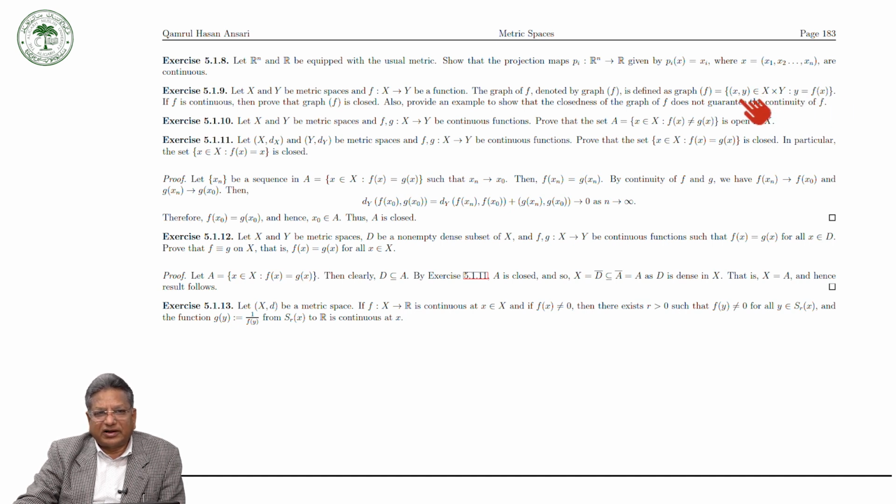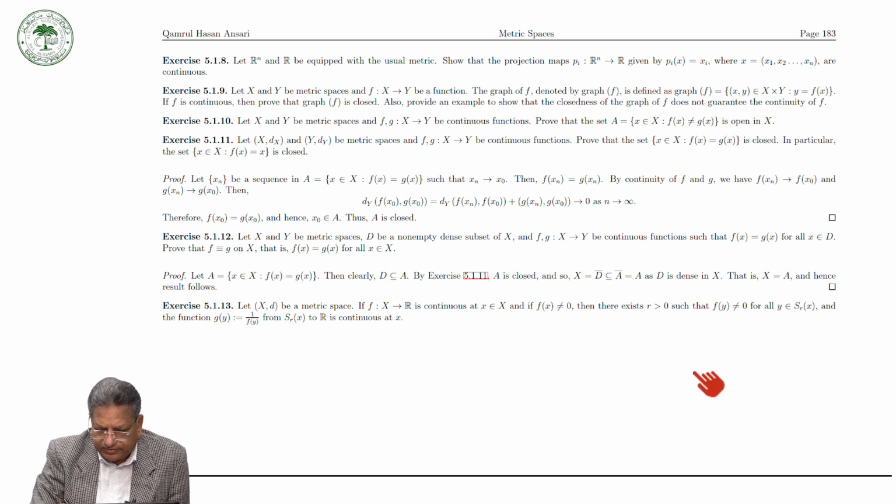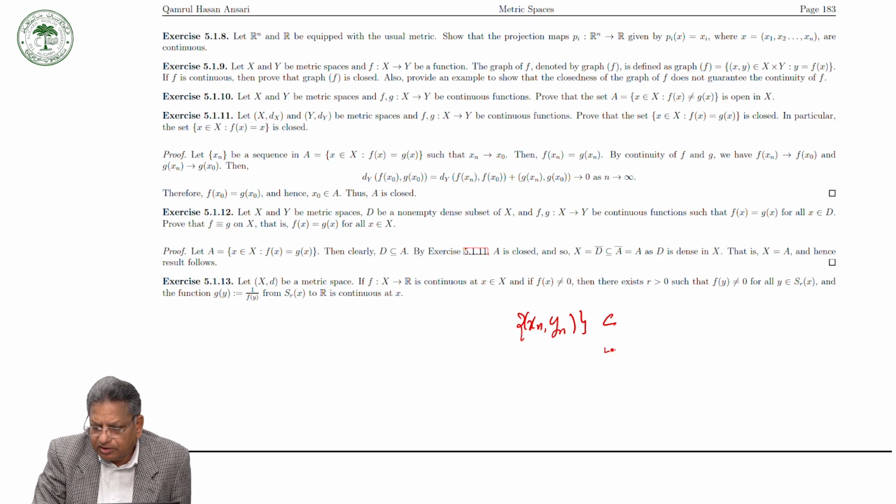I am just giving the hint: you can consider a sequence converging to a point. What kind of sequence will you take? Suppose you take (x_n, y_n) a sequence in the graph of f such that (x_n, y_n) converges to (x, y).